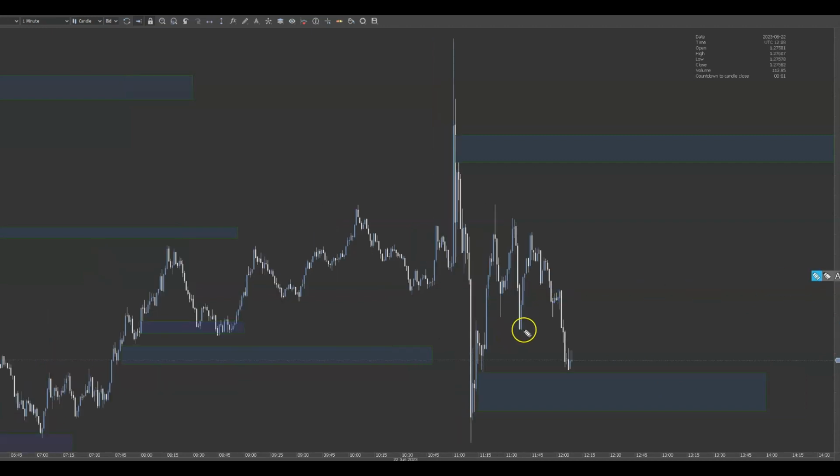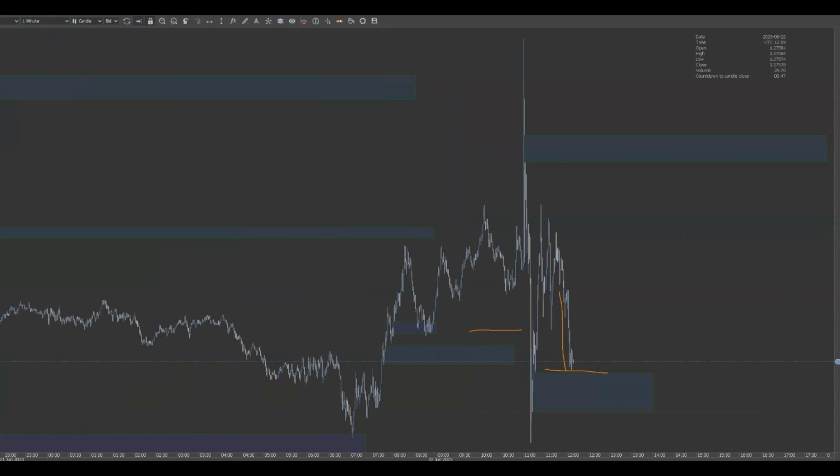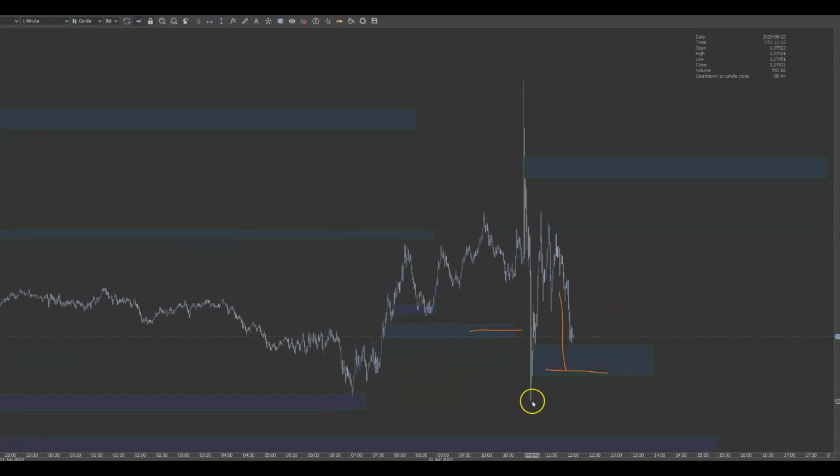So it didn't make the first try into this level, reacted from here, went back up and then extended again. So I've entered right in here again, and the stop is just below this level low in here. Could also be below that low, but I just kept it here at 24 pips, minus 24 pips.